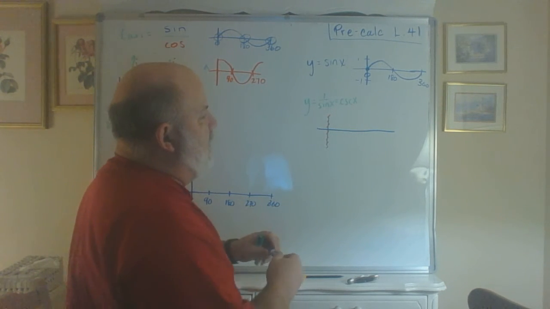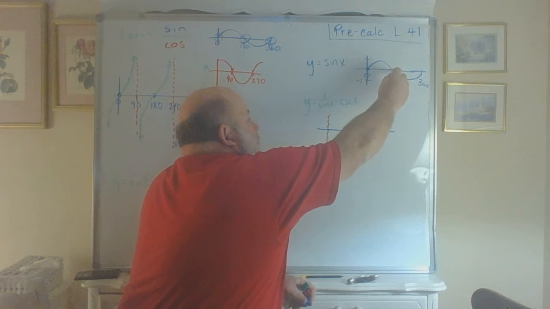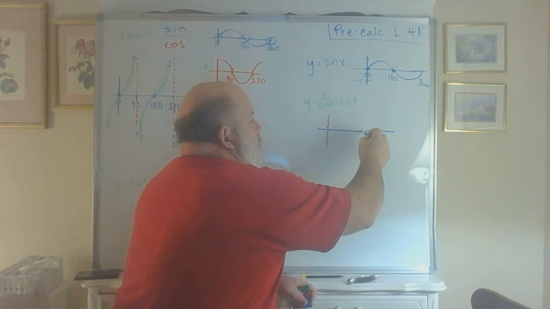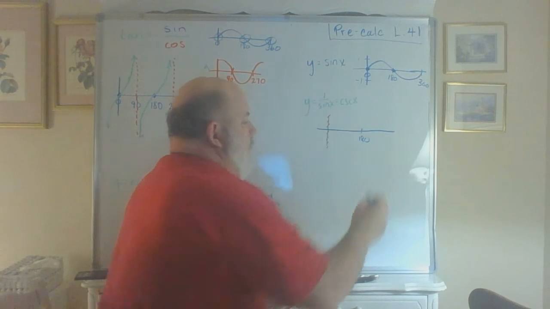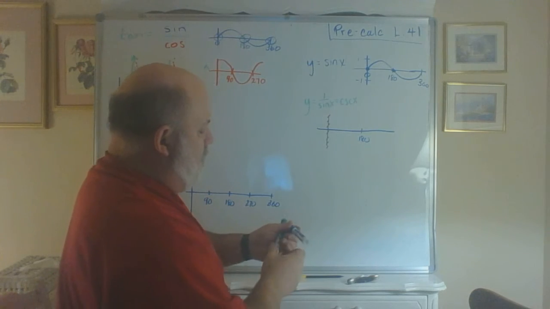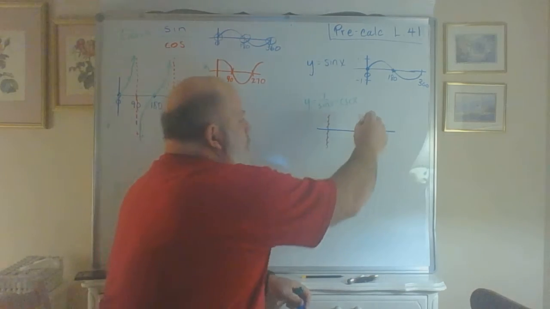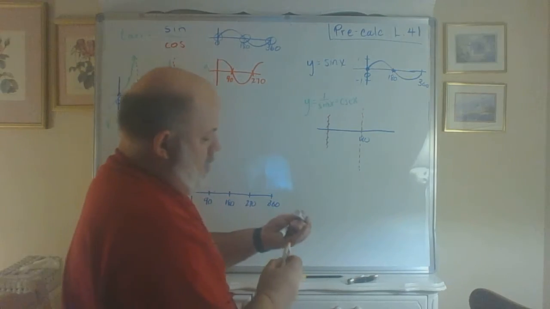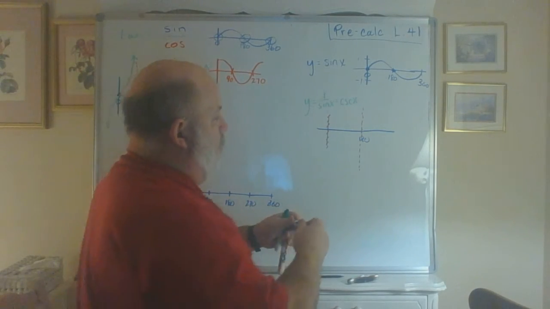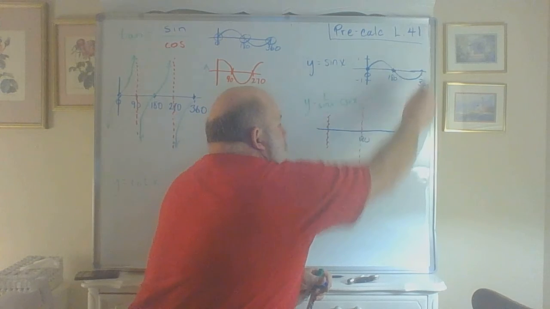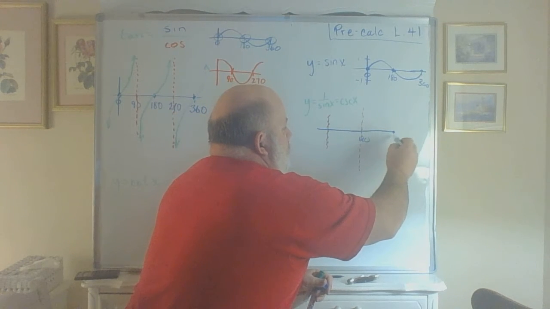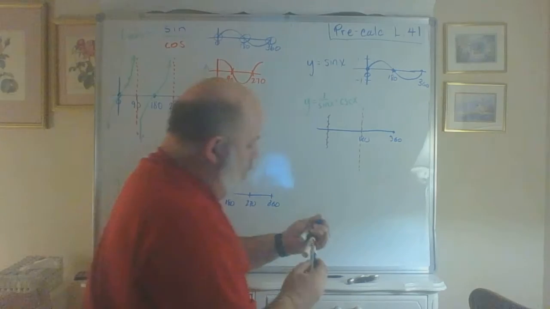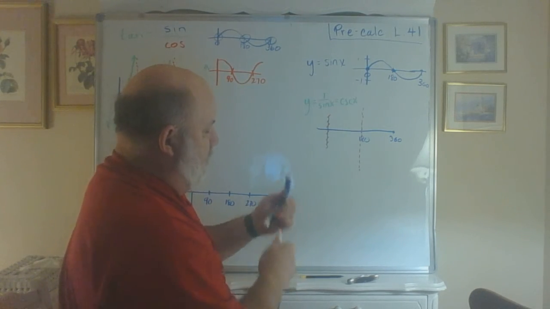At 180 degrees, there's a 0 in the sine function. That means at 180 degrees, there will be a pole on the cosecant function. Sine has a 0 at 360. Cosecant will have a pole at 360.